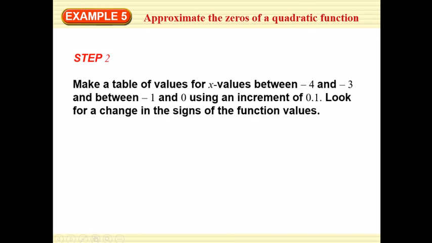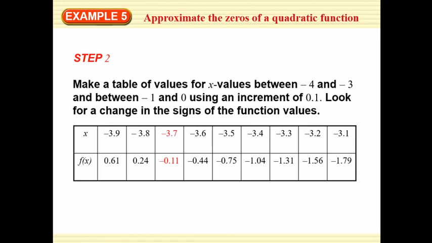So, make a table of values between -4 and -3, and 0 and -1. We're supposed to round to the nearest tenth, so we might as well use increments of tenths. Okay, so here is my table of values from -3 to -4. What we were looking for was when those signs changed.